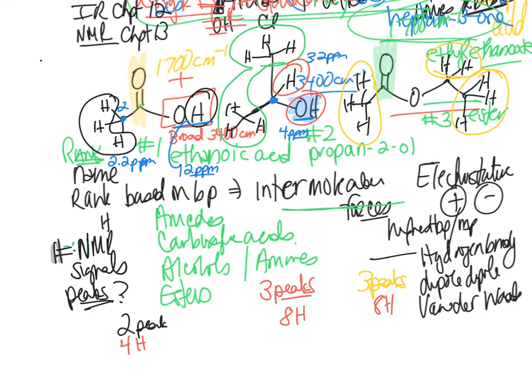And then these hydrogens that are connected to a carbon that's connected to a carbon are going to show up about 1.6 ppm. And then here, once again, we have the alpha carbon. These are going to show up, we said over here, 2.2, so that's about 2.2 ppm. This is hydrogens connected to a carbon that's connected to the oxygen. That's going to show up about 3.2 ppm. And then this is going to show up about 1.6 ppm.